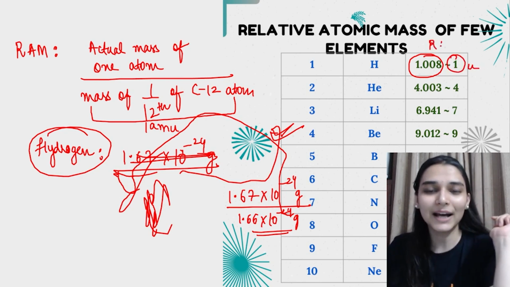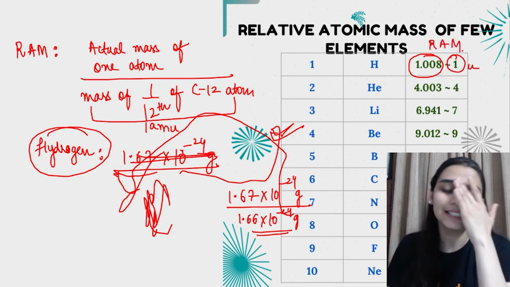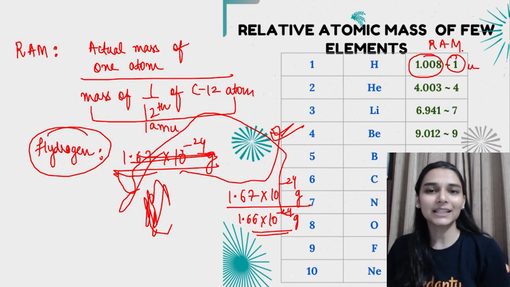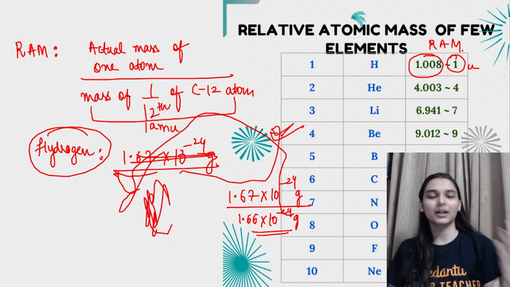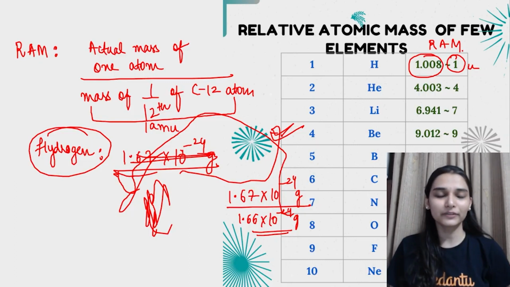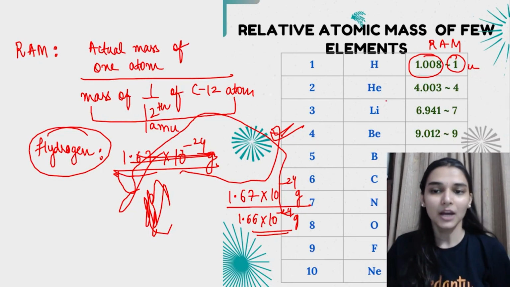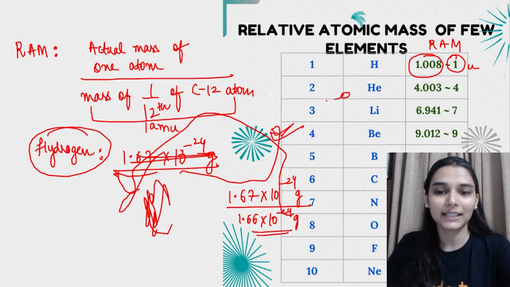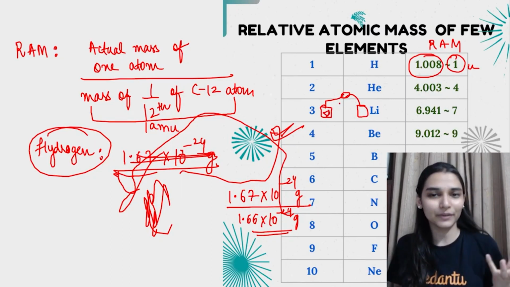So all these masses that you study are actually the relative atomic masses. Okay, how were they calculated? By taking 1/12 portion of the carbon 12 atom as a standard. Imagine I have taken a weighing scale. On one side of the weighing scale I have kept 1 AMU, meaning 1/12 of the mass of carbon 12 isotope.